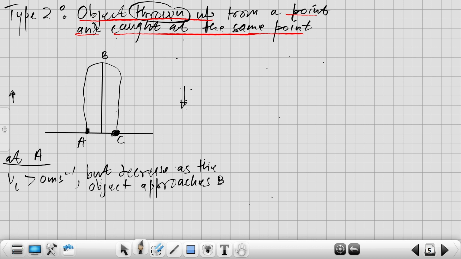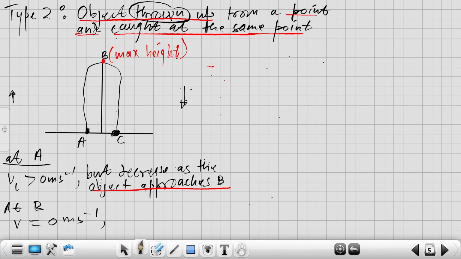So what is the science here? The science is, when the object moves towards the maximum height. So at B, we have the maximum height. As it moves towards the maximum height, its velocity is decreasing. Remember, what does that mean? It means at B, it must stop before it can change the direction. So I can easily say what will happen at B. At B, I have my V equal to 0 meters per second.